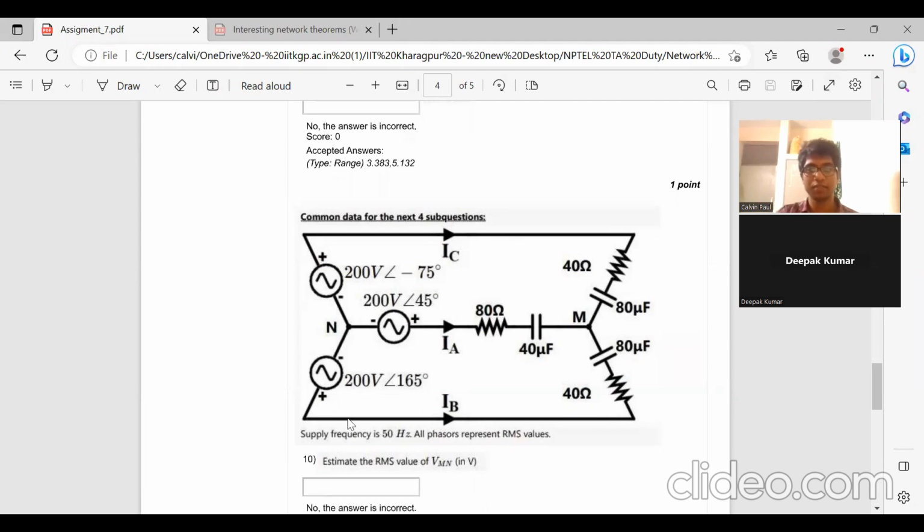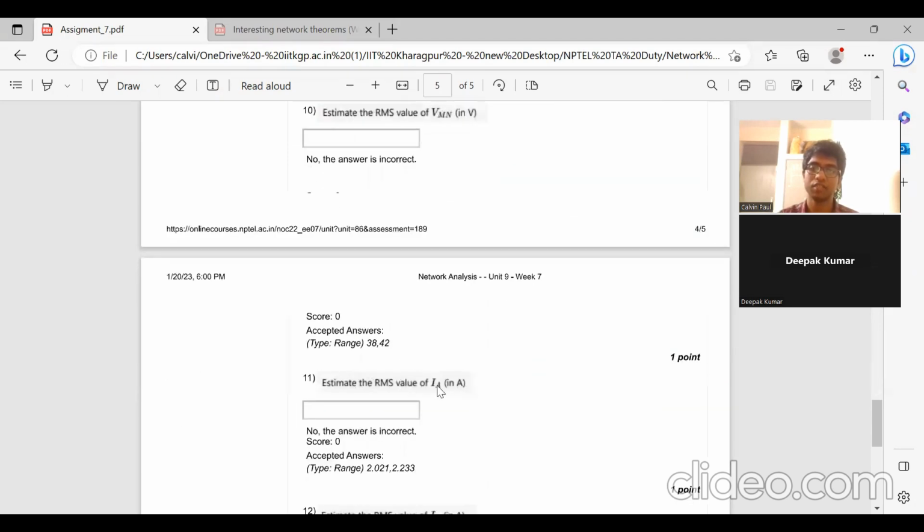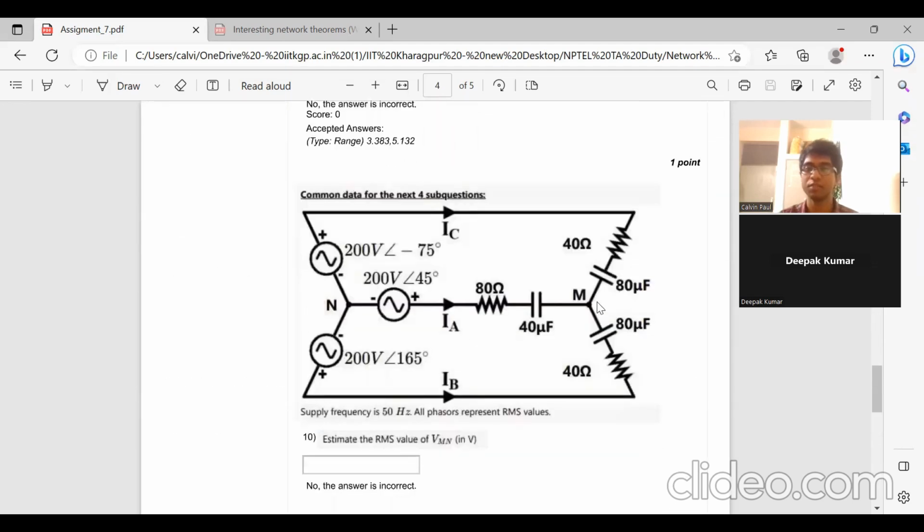So assume the supply frequency is 50 hertz and all phasors represent RMS values. Usually they represent RMS values. One phasor is the reference phasor and these are the voltages with phase shifts with respect to some reference phasor. Now we have to find the RMS value of VMN, and then the values of IA, IB, IC. So we must find VMN, IA, IB, IC.